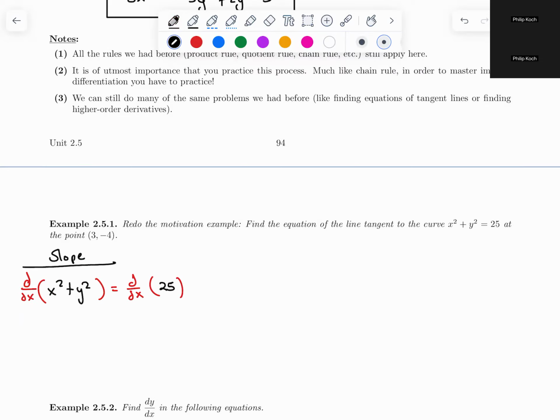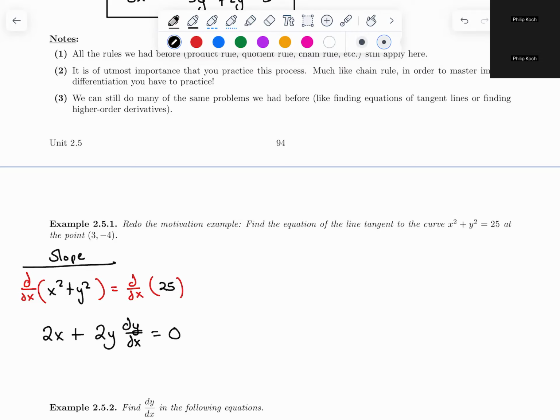The derivative of x squared with respect to x is 2x. The derivative of y squared: y is a function of x, so that's really y of x quantity squared. So by the chain rule, it's going to be 2y dy dx. And the derivative of 25 is 0.